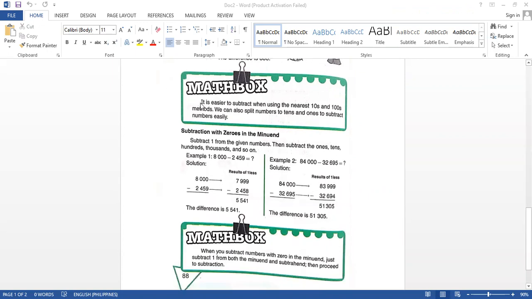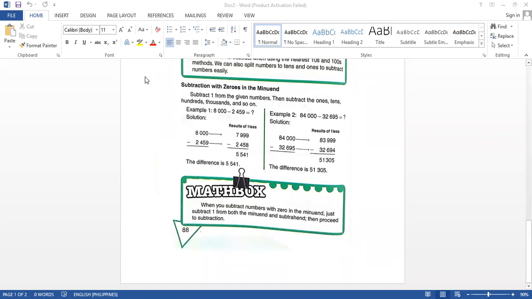So remember, it's easier to subtract when using the nearest tens and hundreds methods. We can also split numbers in tens and ones to subtract numbers easily. So another method, subtract with zeros in the minuend. So here, subtract 1 from the given numbers, then subtract ones, tens, hundreds, and thousands, and so on.